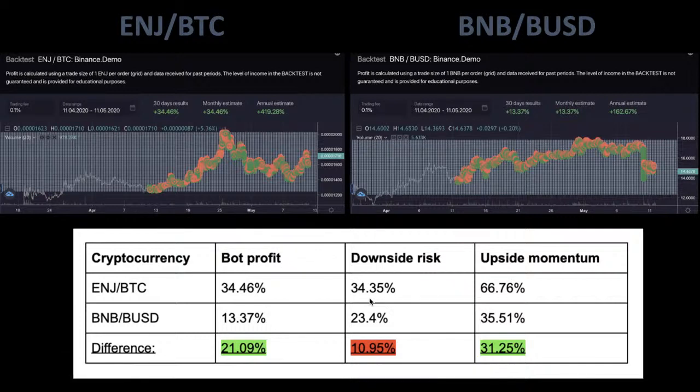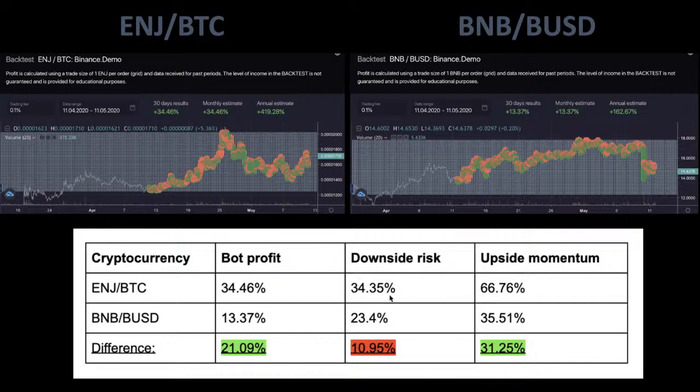So how to choose the right cryptocurrency pair for you? If you are looking for maximized return but you are indifferent towards the risk, then you should consider NG, because you see that it had higher bot profit and it had a higher upside momentum.